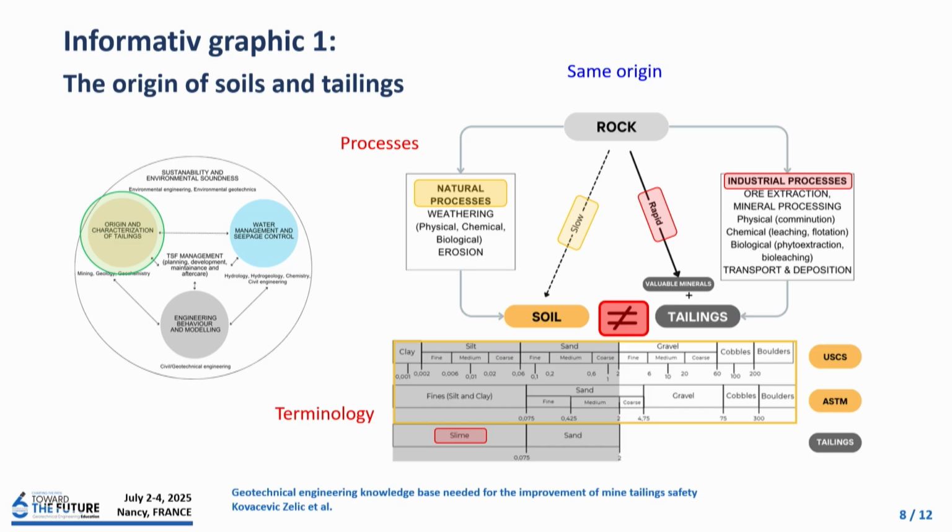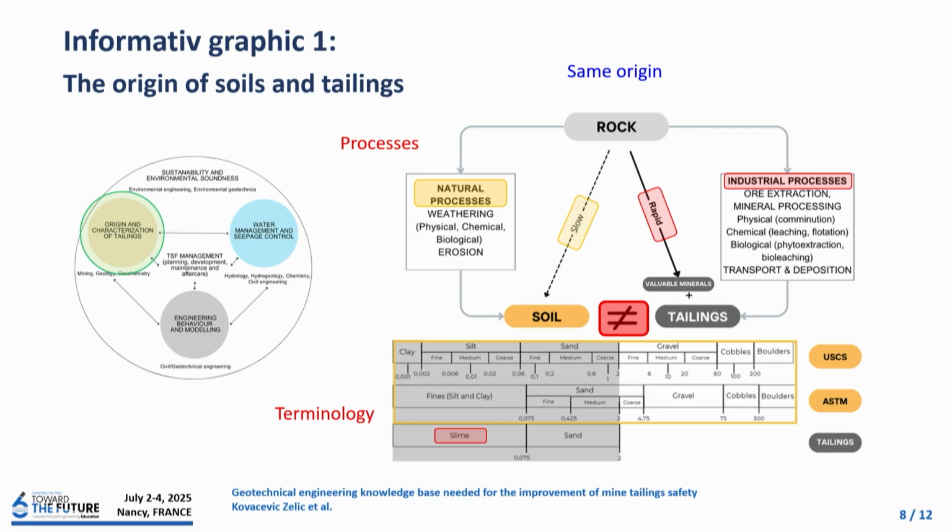So the first one is related to the origin of soils and tailings, and this is our informative graphics that is offered. And in fact, the message behind it, which we would like to transfer to our students, is that although tailings materials have the same origin as soils, that is parent rock material, due to different processes and duration of processes in their lifetime, for soils there are natural processes, very slow.